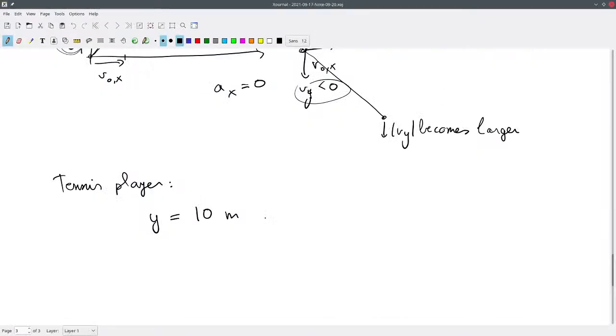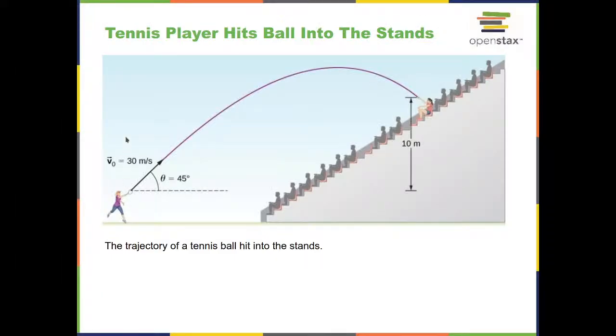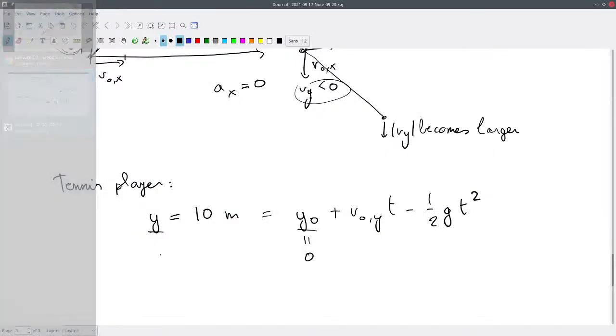Now let's write down what y also is. Y is also y0 plus v0y times the time minus 1/2 g t squared. Now if y is 10 meters, then we must have implicitly assumed that y0 is equal to 0. And we must have put the origin of our coordinate system right at the point where the player is throwing the ball into the stands, right? We know what v0y is.